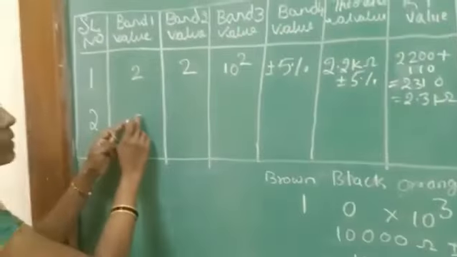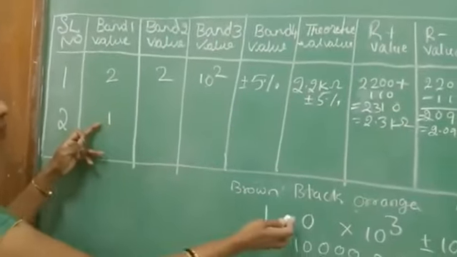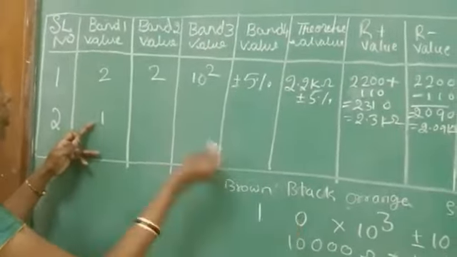Band 1 is 1, band 2 is 0, band 3 is 10 to the power 3, tolerance value is plus or minus 10%, true value is 10.0 kilo ohm plus or minus 10%.